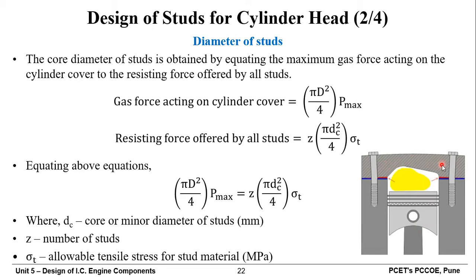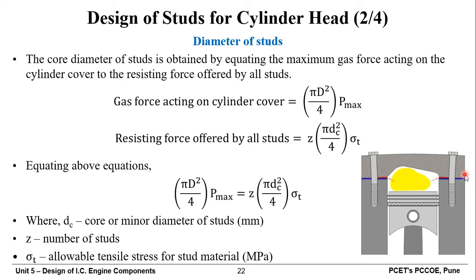That pressure or force is taken by the studs. Otherwise, if these bolts couldn't take the pressure, then the cylinder and cylinder head will become two separate units. So it is the responsibility of the stud to take whatever force is exerted by the combustion gases on the cylinder head.